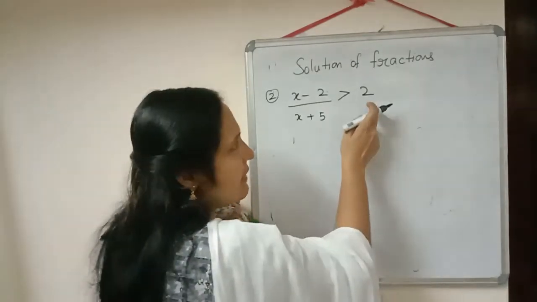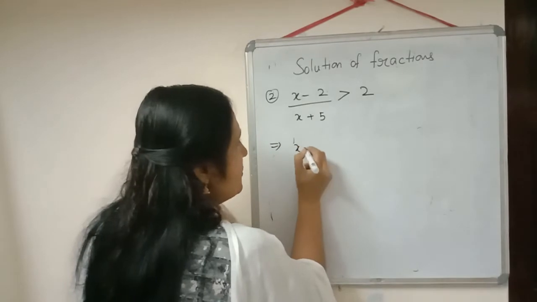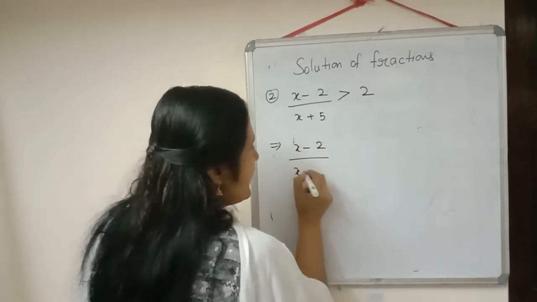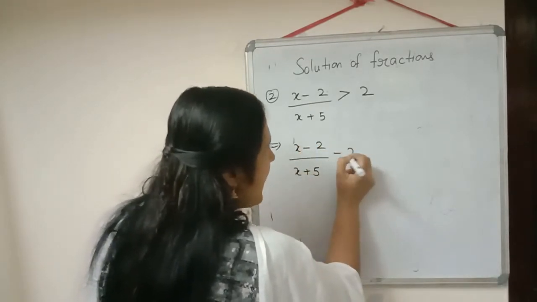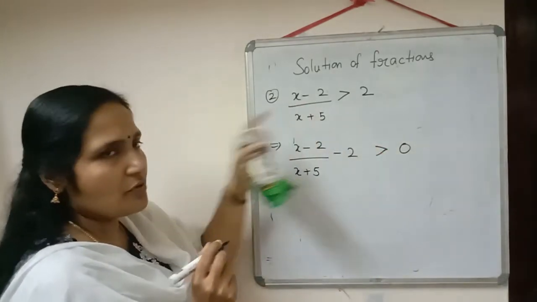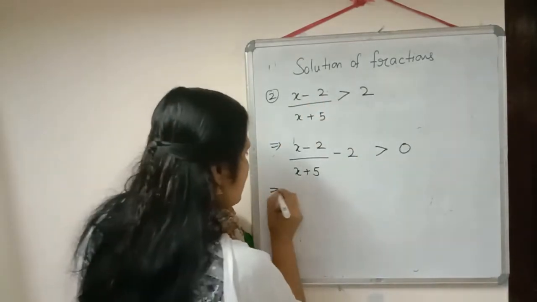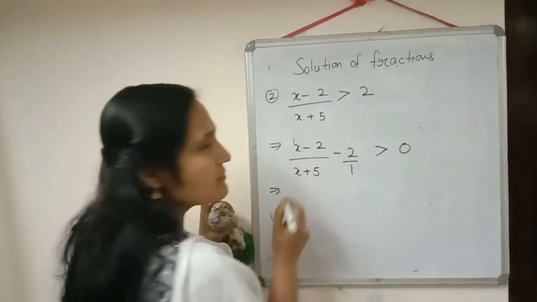For that we have to shift 2 to the left hand side. So how will we shift this 2? (x minus 2) by (x plus 5) minus 2 greater than 0. We shifted this 2 to the left hand side, so plus 2 will become minus 2. Now we will do the cross multiplication.